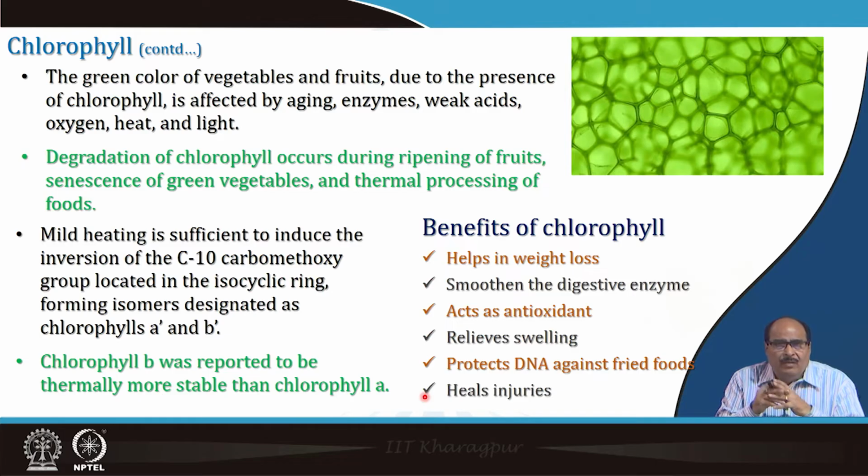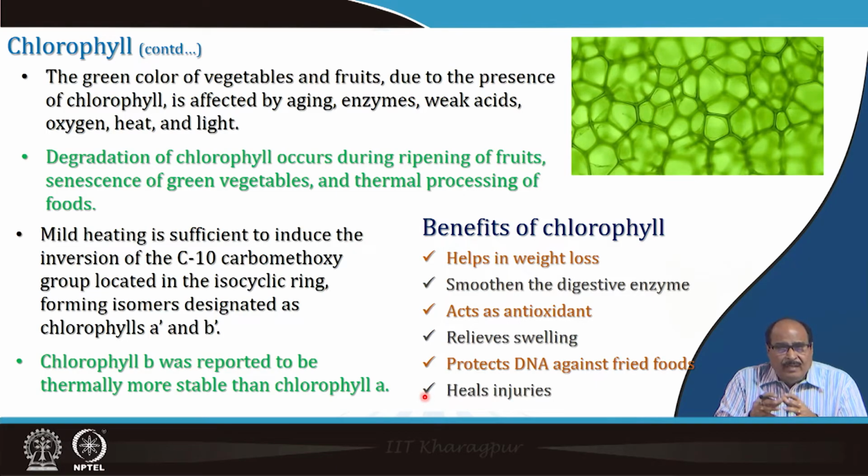The green color of vegetables or fruits is due to the presence of, as I told you, chlorophyll, and it is affected by aging, enzymes, weak acid, oxygen, heat and light. The degradation of chlorophyll colors occurs during ripening of fruits, senescence of green vegetables, and thermal processing of foods.